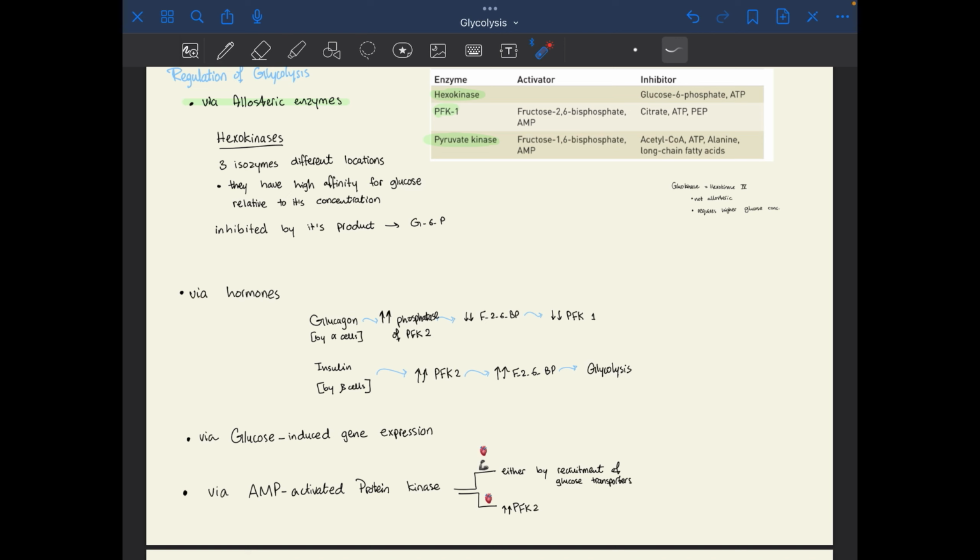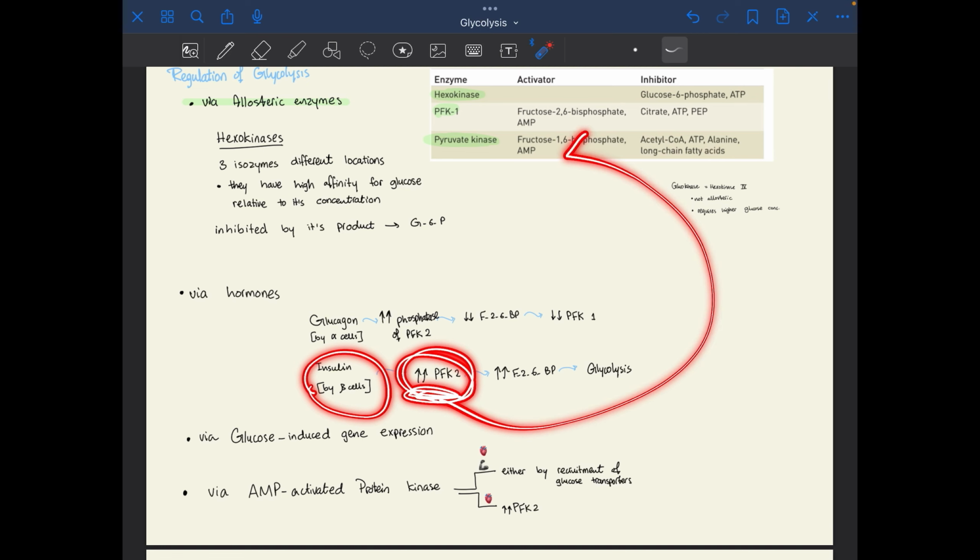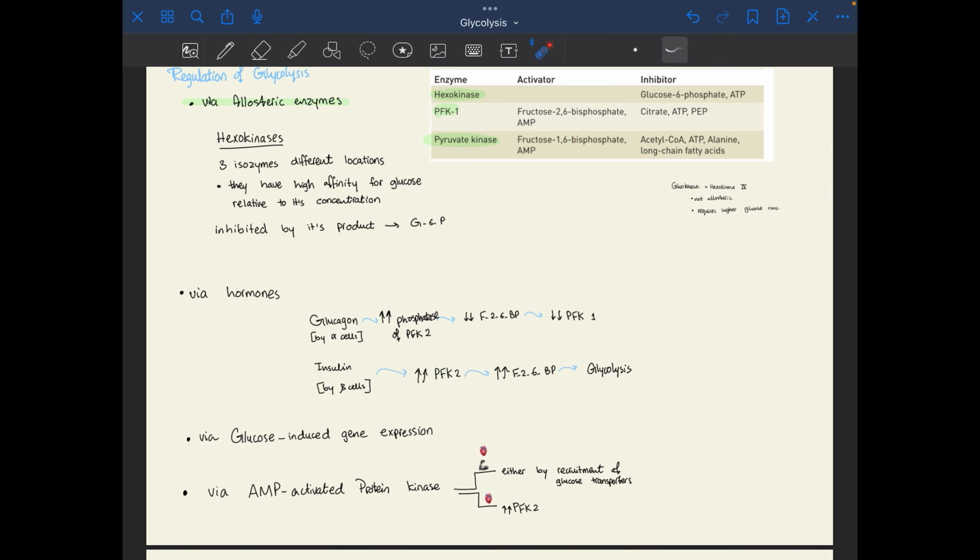Insulin will activate phosphofructokinase 2, which is an activator of phosphofructokinase 1, an activator of glycolysis. Glucagon will activate the phosphatase of phosphofructokinase 2. So fructose 2,6-bisphosphate will be reduced, so phosphofructokinase 1 will not be activated.